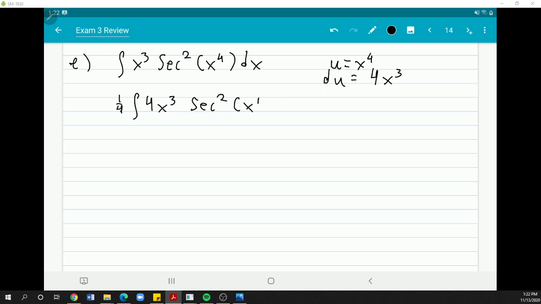Secant squared x to the 4th dx. I'll show a different way to do this that maybe doesn't seem so tricky. Equals 1/4 integral of secant squared of u du. Because I've got 4x cubed dx, that's equal to du.